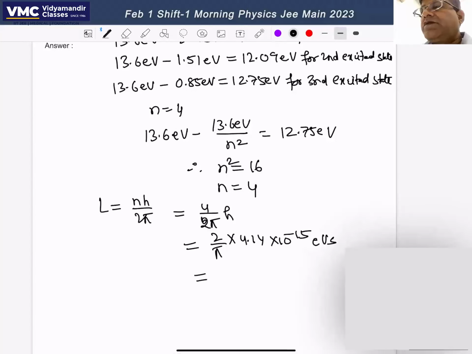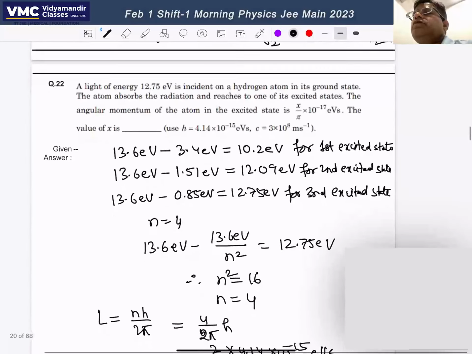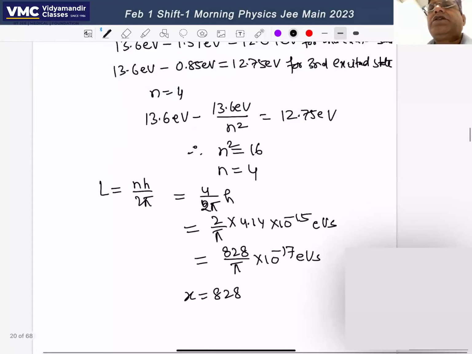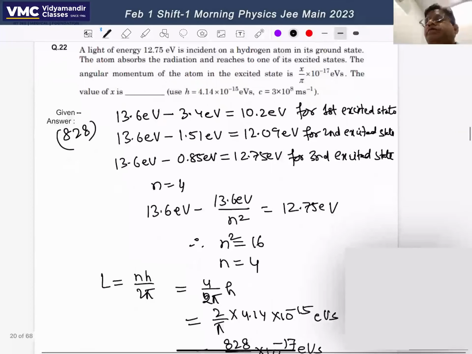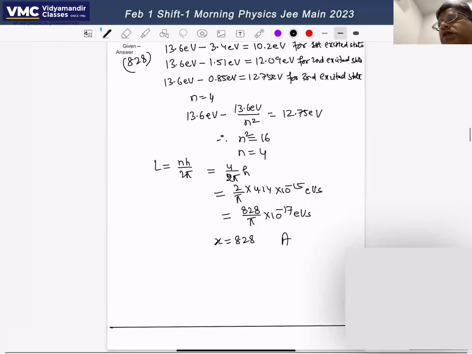So ultimately its value is 828 by pi into 10 power minus 17 electron volt second. So from here, this x comes out 828. So the value of x is 828. So 828 will be the answer.